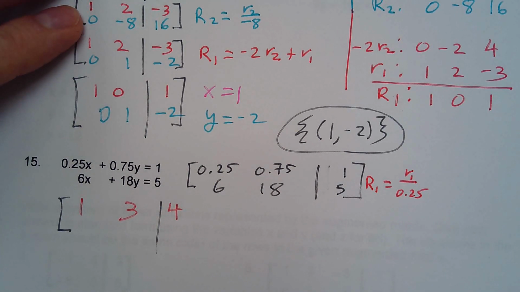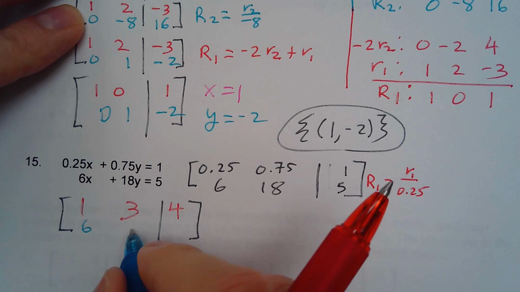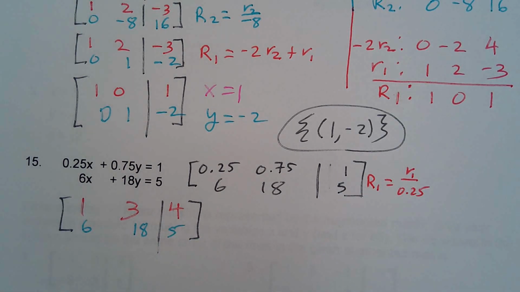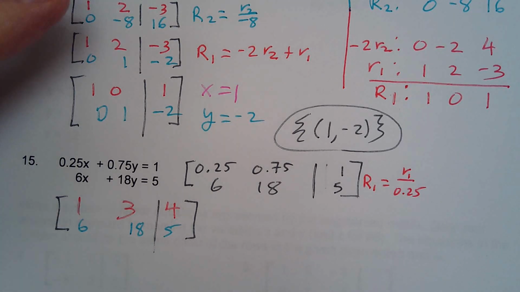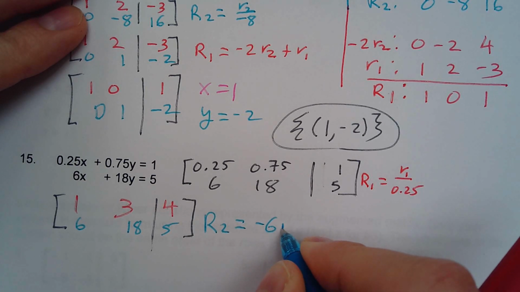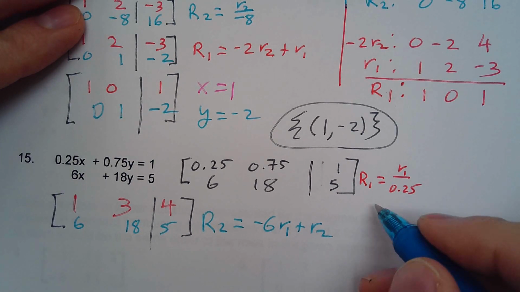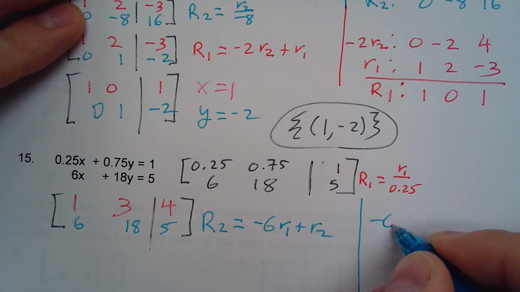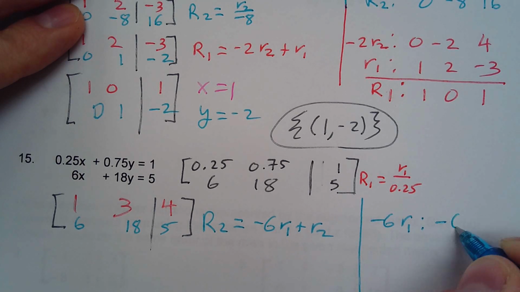And then I'm just going to copy down the second row. Next, I want to multiply row number 1 by the opposite of this 6 and add to row number 2. So again, I'll do it off to the side here. -6 row 1 would be -6, -18, -24.